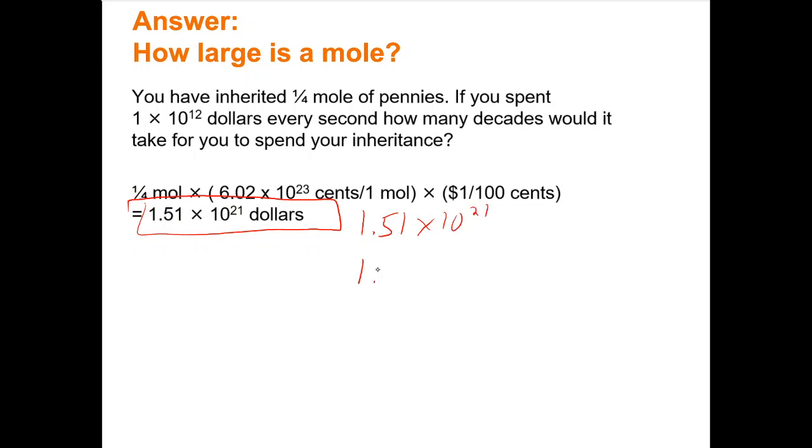I don't even know if I can fit it. 1, 2, 3, 4, 5, 6, 7, 8, 9, 10, 11, 12, 13, 14, 15, 16, 17, 18, 19, 20, 21. So we end up with this number.